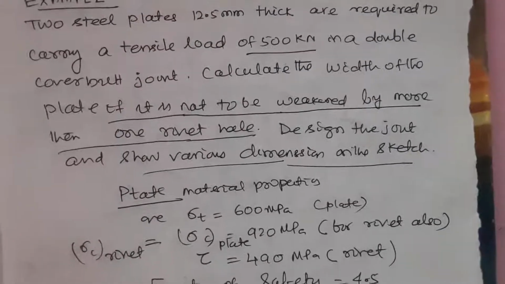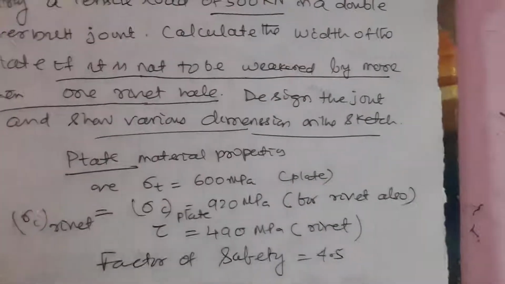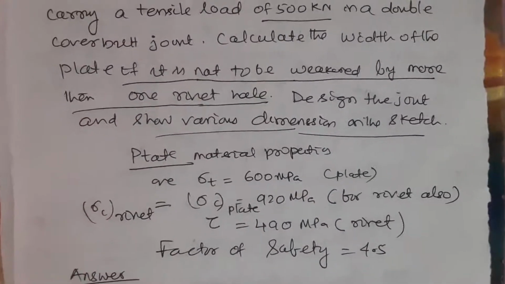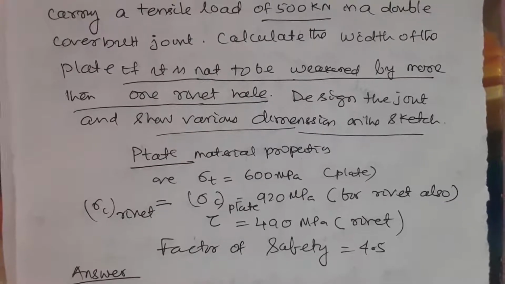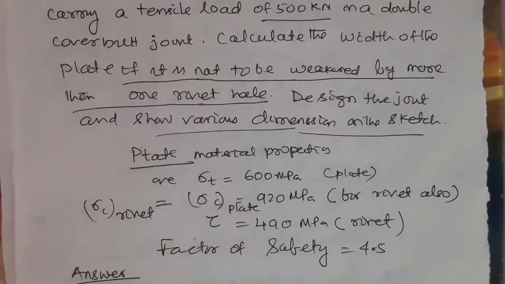And the material properties of the plates and rivets are given. The sigma T for plate is 600 megapascal, and for crushing strength of the plate and rivets it is 920 megapascal, and the shear strength of the rivet is 400 megapascal.